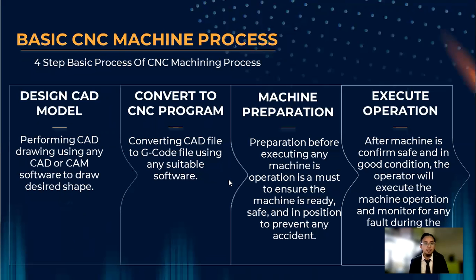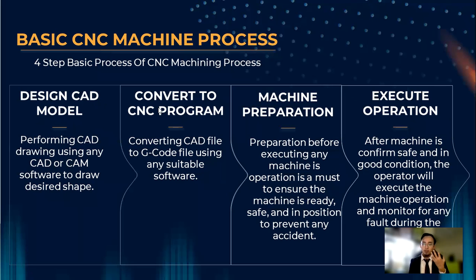All right. So basically, to operate a CNC machine, we have 4 steps. The first step is to design a CAD model, which is to design a shape, any shape, using CAD. What is CAD? CAD is computer aided design, which is software to make a design. And then convert to a CNC program.